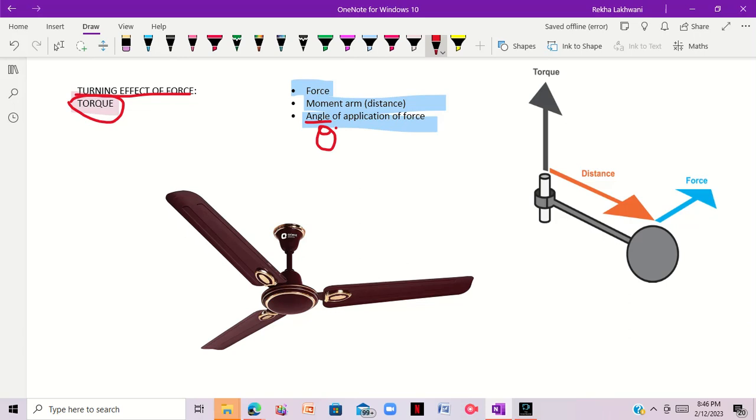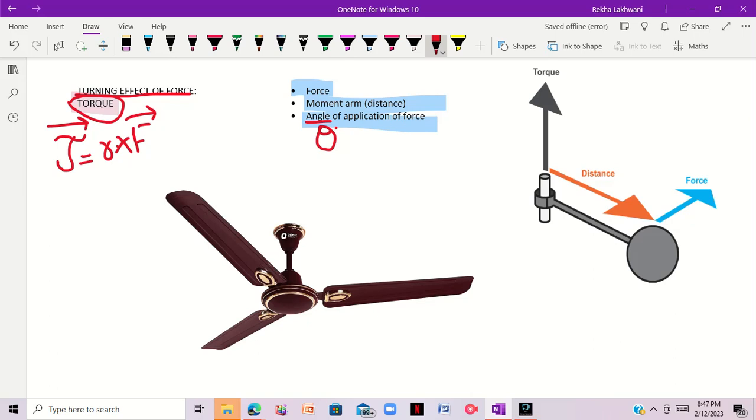So now let's look at the formula of torque. This torque is represented by an alphabet known as tau, and it is a vector quantity. It is written as r cross f, where f is a force and is a vector.